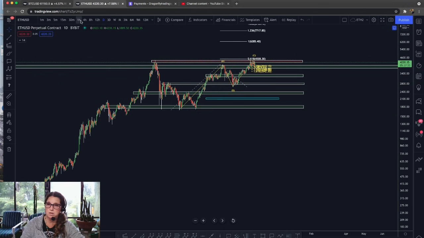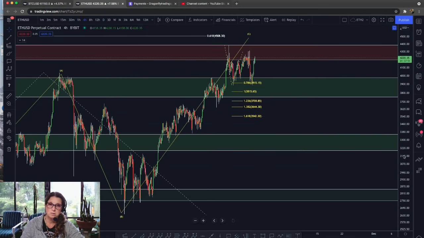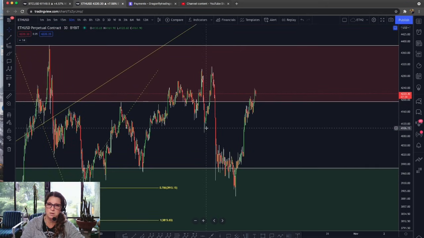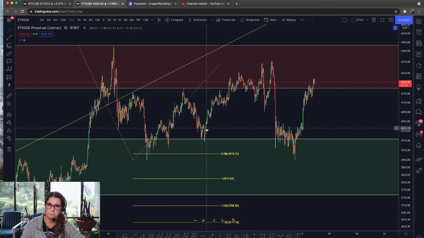Okay, so let's dig into this lower part. Talk about it. Bitcoin came to the 786, ETH came to the 786 also, which is common of ETH. So that really doesn't send me for a loop by any means. And this correction is different. Okay.